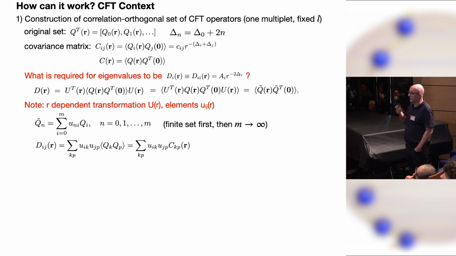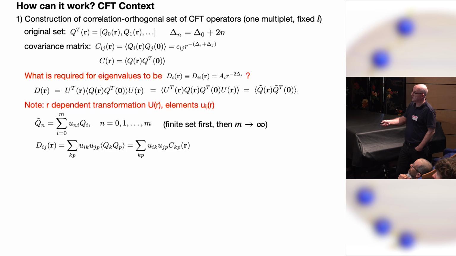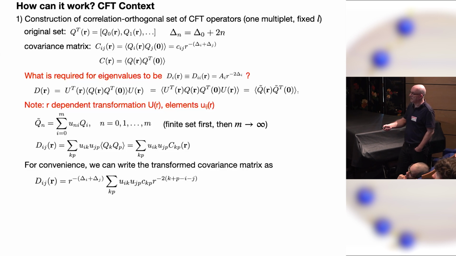So if I write down the transformed correlation function, which eventually I will see what is required to make it diagonal, but for now you can just think of it as some transformation. Well, this is the correlation function from up here, CKP, so I can just put that in.